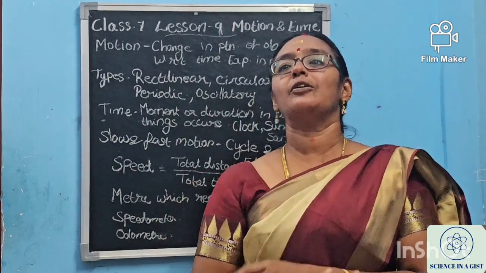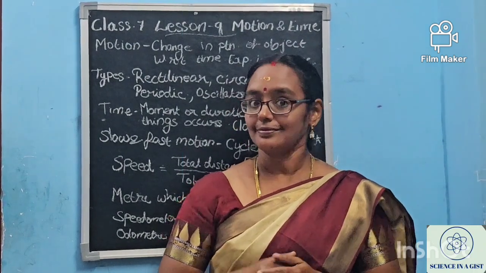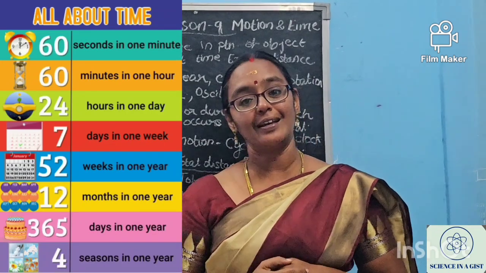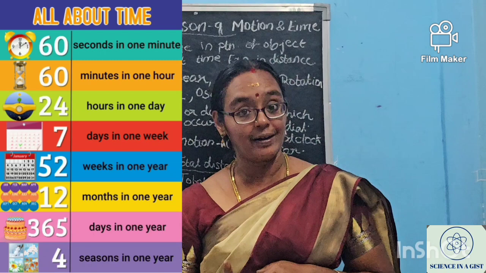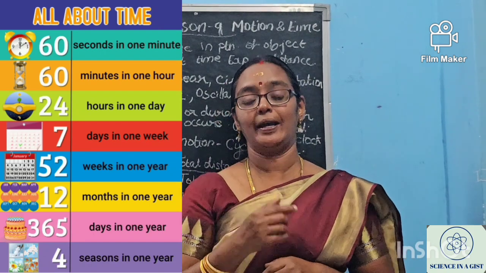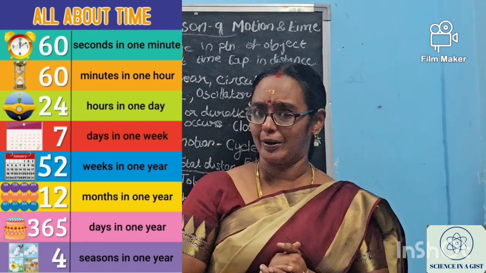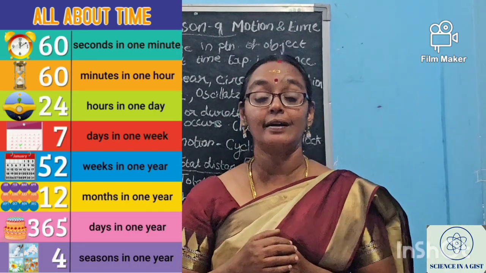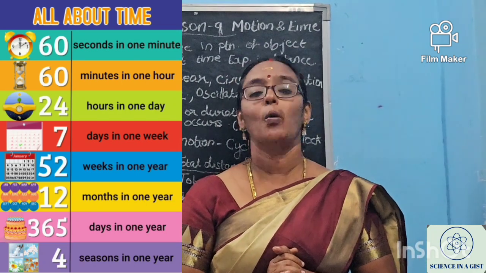So I will go through quickly all the things you know: 60 seconds make 1 minute, 60 minutes make 1 hour, 24 hours make 1 day, isn't it? 1 day means 1 full day. And then how many days become 1 week? 7 days make 1 week. And 52 weeks make 1 year, or 12 months make 1 year.